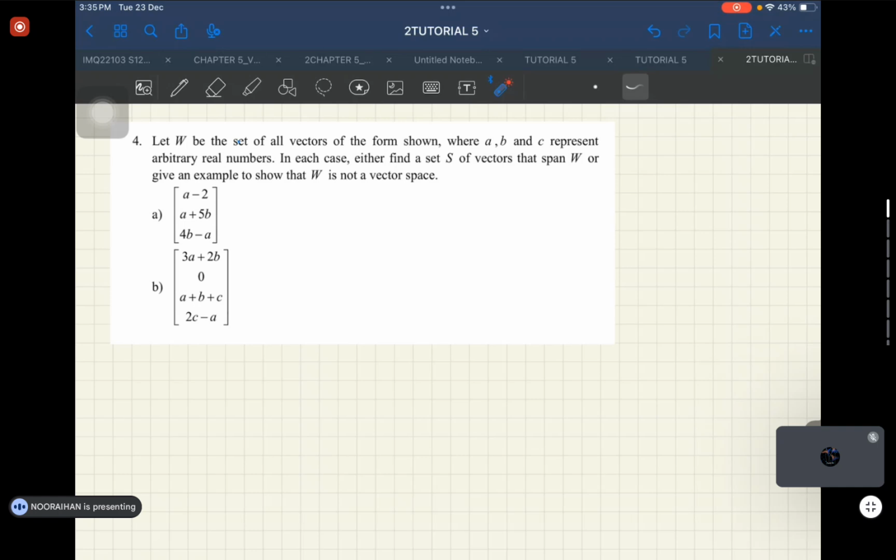In this case, you can find the zero vector first. For number 4A, check the zero vector.